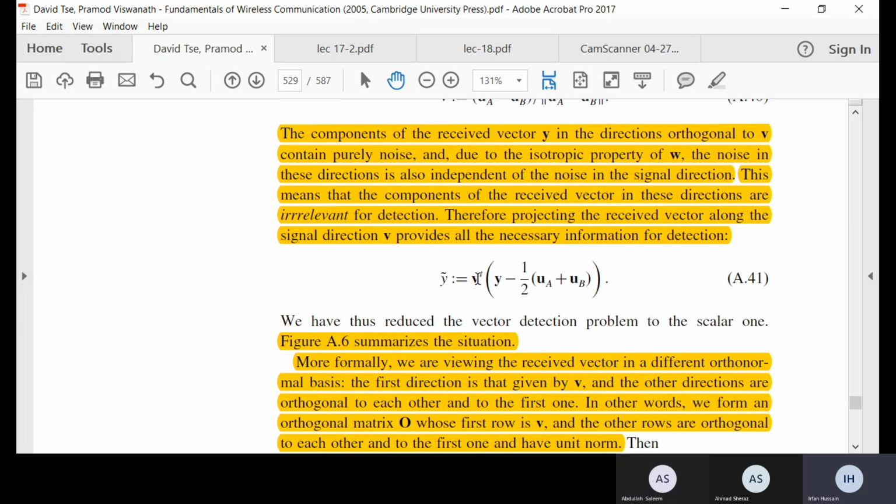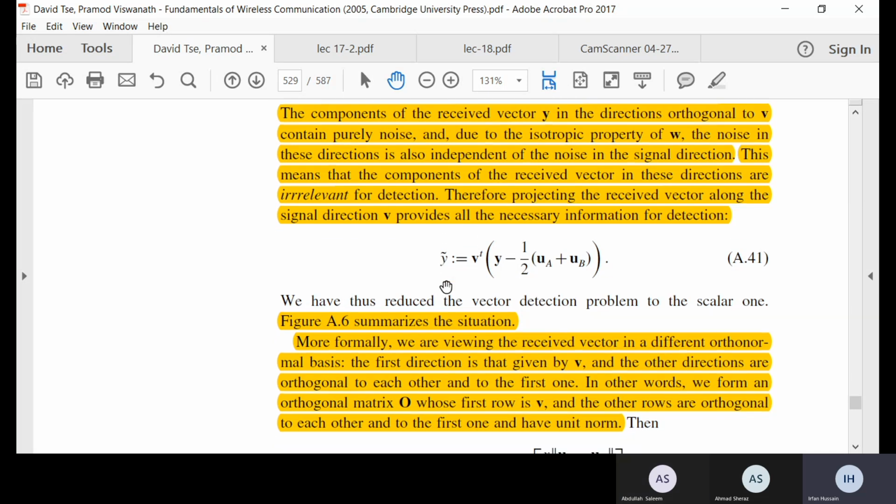This will give us the necessary information for detection. If you map the received signal to this V direction, which is the vector between UA and UB, you will get the right statistics for proper detection. Because of this dot product, you have converted the vector detection problem to a scalar detection problem.